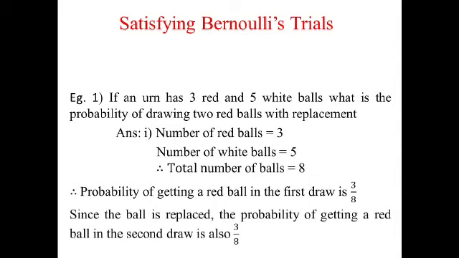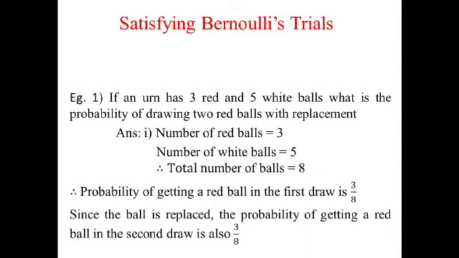So first, the total number of red balls is 3. The total number of white balls is 5. So the number of balls in the urn is 8. The probability of drawing a red ball in the first draw is equal to 3 by 8, because the probability formula is P(A) equals N(A) upon N(S). So N(A) is the number of red balls being drawn, that is 3, from 3 you're selecting 1.